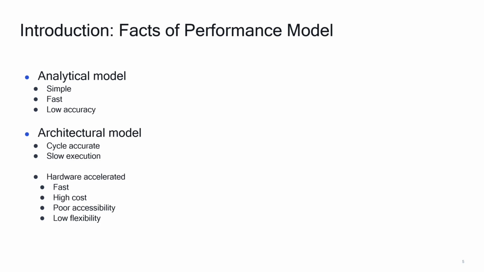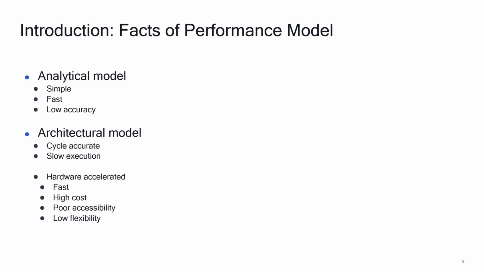The prevailing performance models, analytical models and architectural models, both have their own weaknesses. Analytical models are easy to implement and fast at execution, but are usually not very accurate. On the other hand, architectural models work at cycle level. They can get cycle accurate, but usually at a huge cost of execution time.